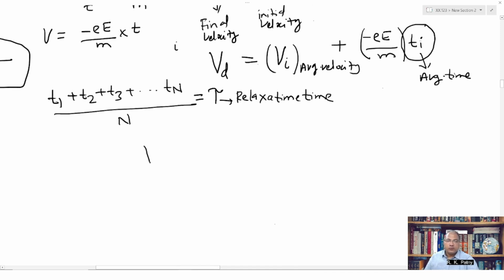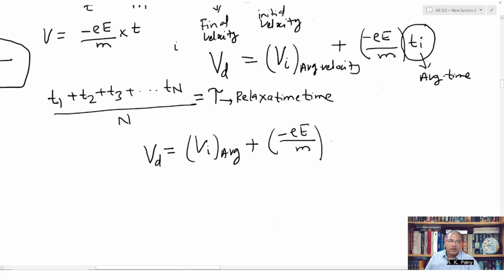Therefore, the above equation becomes Vd equals Vi average value plus minus E multiplied by e upon m. Now Ti, the average value of the time, is replaced by tau, the relaxation time. We already know that the Vi average, the average velocity of the electron, is 0.